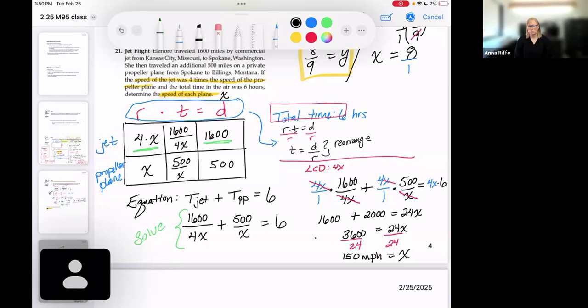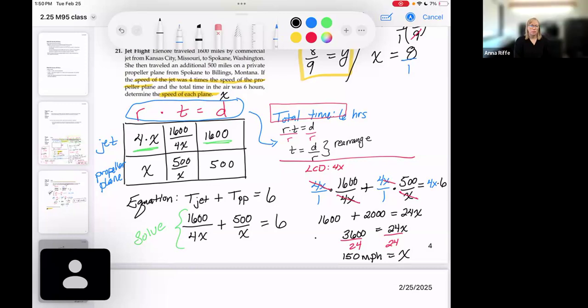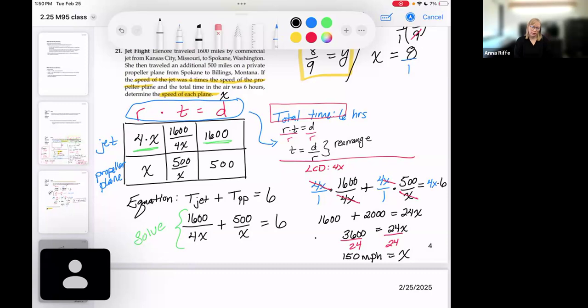Does that make sense? Yeah, I'm still multiplying, so yeah, I got it. Okay. 150, so 150 miles per hour. So x equals 150. Yeah, I got that. So that's the speed of the propeller plane.